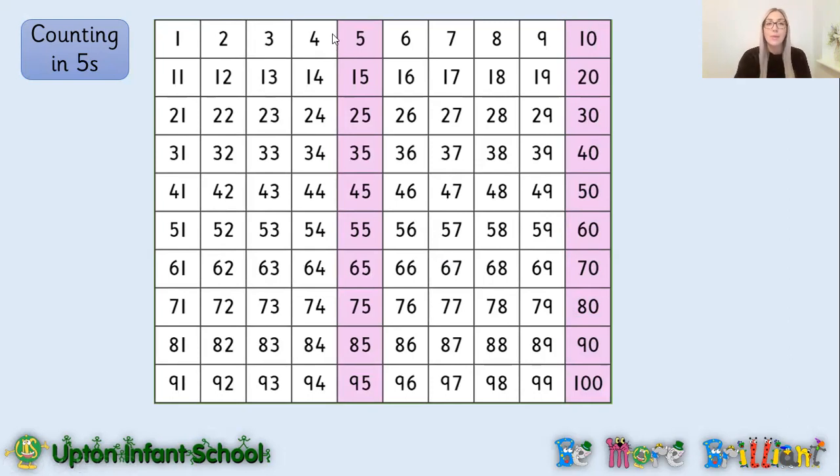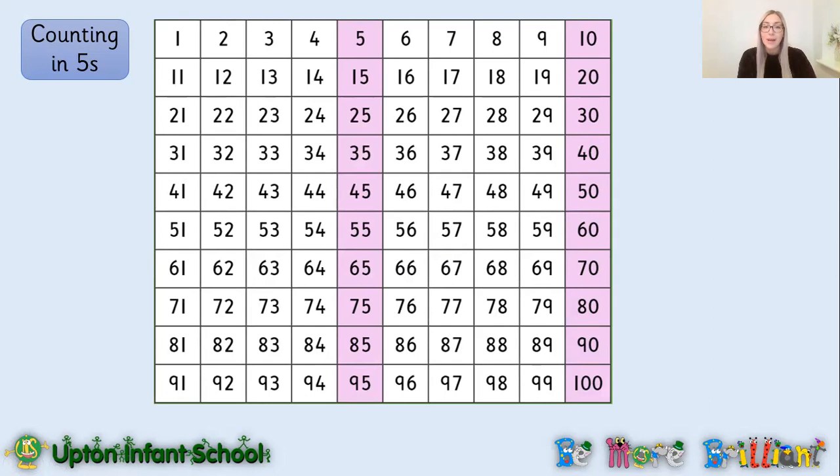Okay, so remembering starting on 0, off we go. 0, 5, 10, 15, 20, 25, 30, 35, 40, 45, 50, 55, 60, 65, 70, 75, 80, 85, 90, 95, 100. Brilliant, everyone. I can see that you have all been practicing this week, which is brilliant to see.